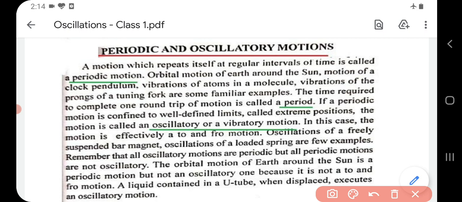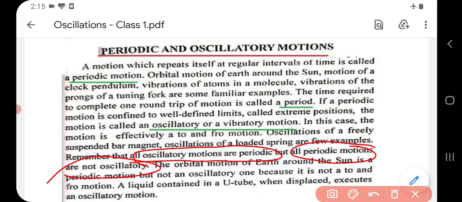Now please note that all oscillatory motions are periodic, but all periodic motions are not oscillatory. So just keep in mind that point. Okay, why? Because the orbital motion of earth around the sun, that was an example for periodic motion, but it is not an oscillatory motion. Why? Because it is not a to and fro motion.